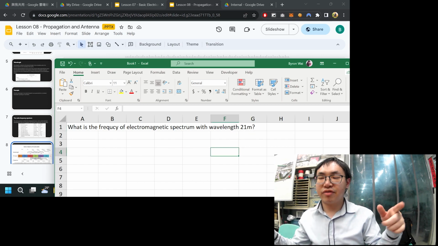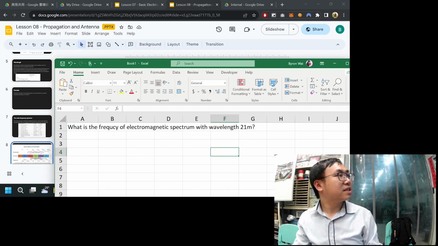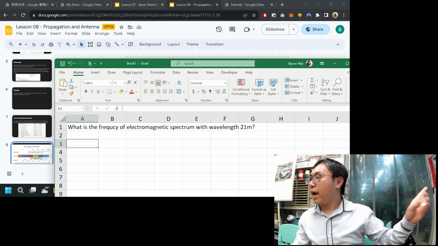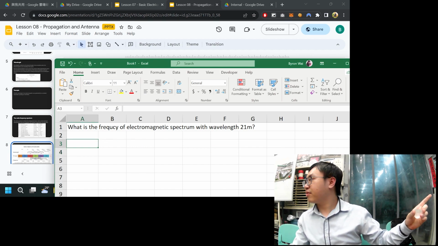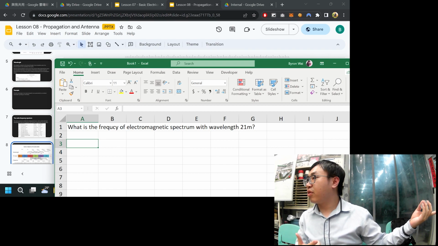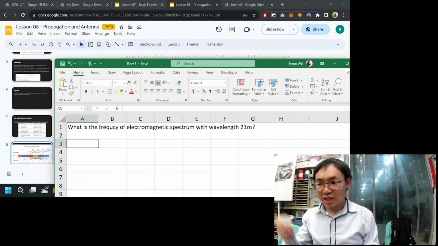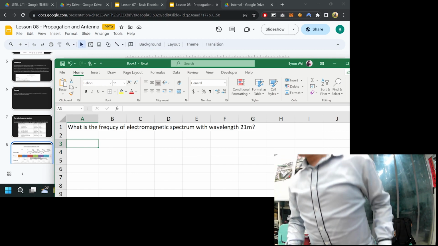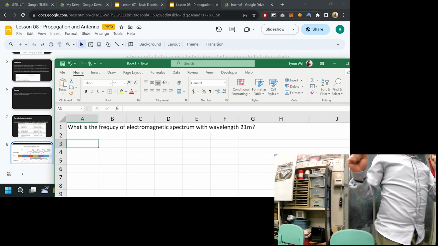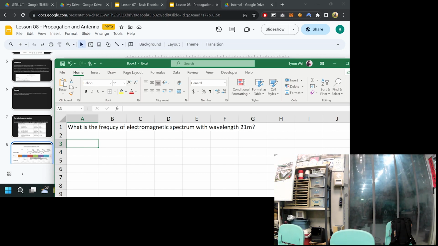So can you calculate it for me? Why I use 21 is because it's a multiple of 3, so you can calculate it very quickly. In the meantime, I will grab a bottle of water, so you can try it first, and we will go through it later.